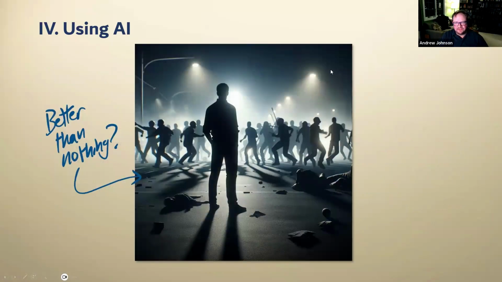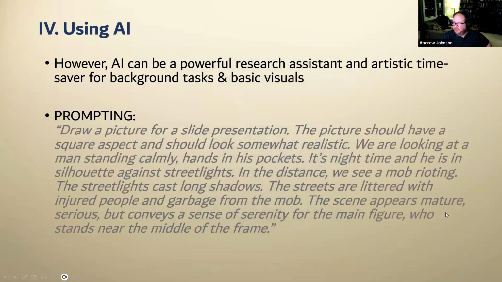Last year, maybe the year before, I put together a presentation on conscientious objection. And I was looking for a series of images kind of like this. The way that I prompted them was something like this. Draw a picture for a slide presentation. The picture should have a square aspect, and it should look somewhat realistic.